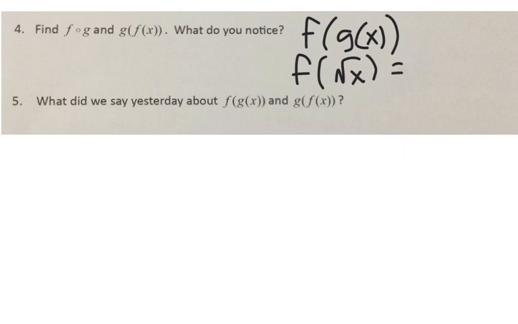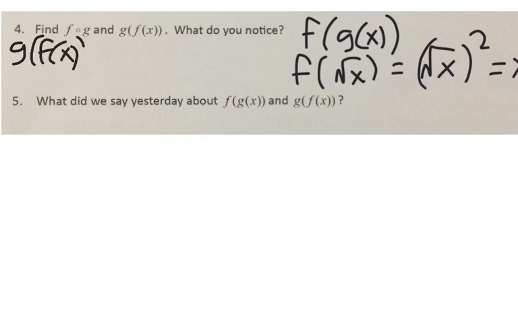So everywhere there used to be an x, there's now going to be a radical x, so that becomes radical x squared. What is radical x squared? X. Huh, cool. And then what if I went g of f of x? Well, that means I would be plugging in x squared to the radical, which would look like radical x squared. What's the square root of x squared?